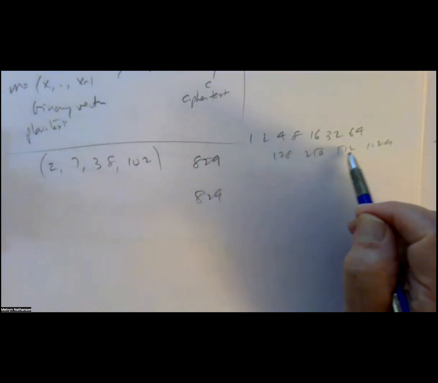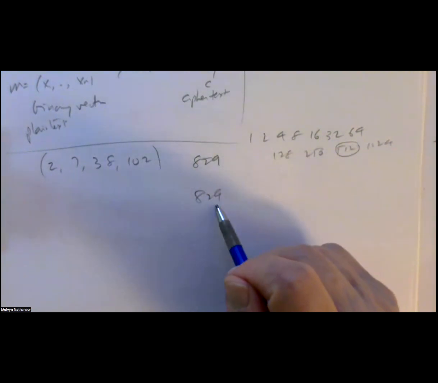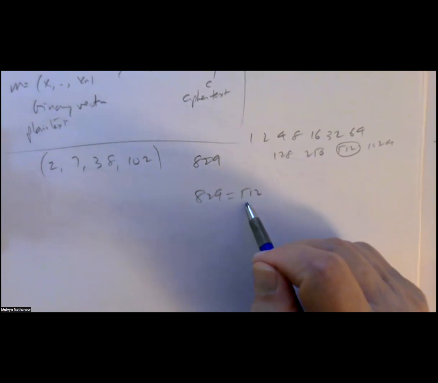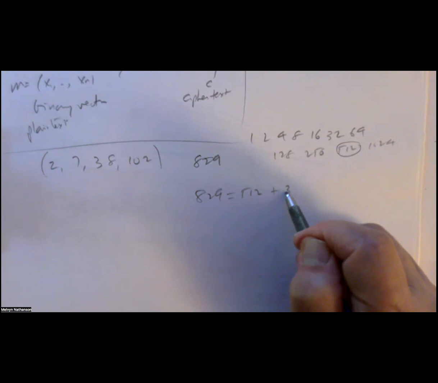You look for the largest number not bigger than 829, and you pick the largest one. So 829 is 512 plus 317.